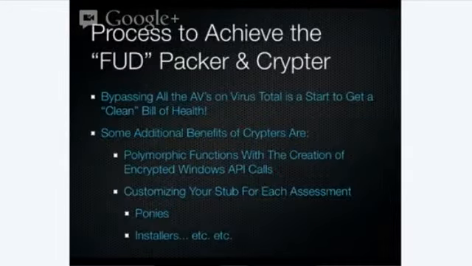The process to achieving your FUD packer or crypter is basically making sure that you encrypt your data, you figure out some public-private key signing and exchanging your information. You do something with polymorphic functions.